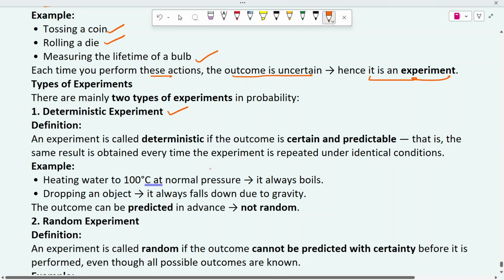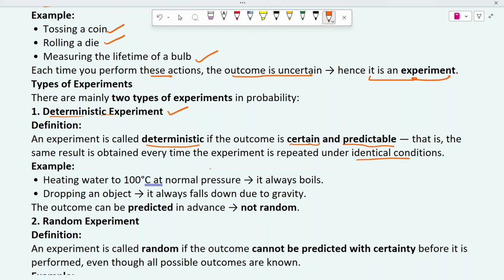We call an experiment deterministic if we are able to tell the outcome certainly or surely, or able to predict it. If we do the experiment multiple times under the same conditions and we are able to predict the outcome, then that experiment is called deterministic experiment.